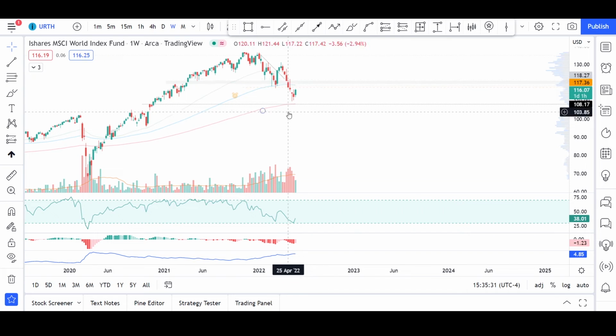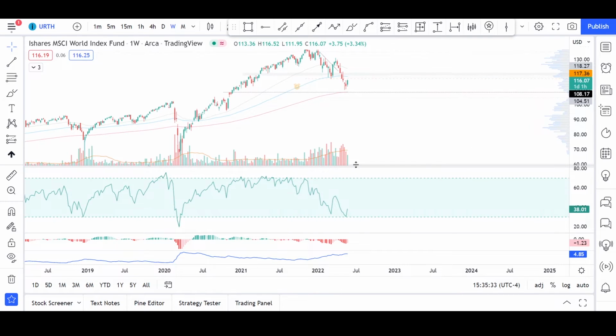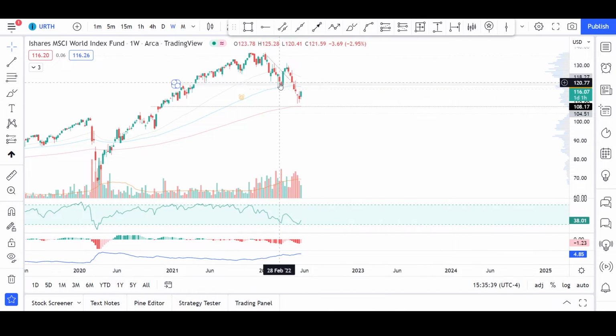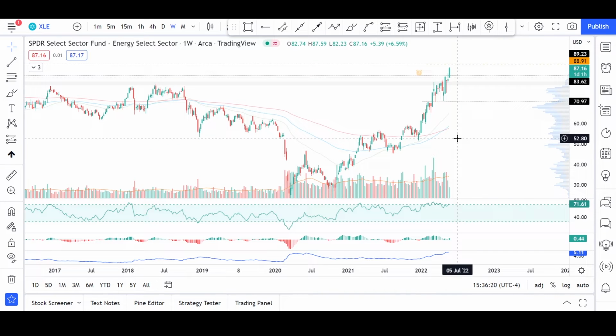Right afterwards, with positive divergence on RSI, we should find new levels right above 120. Right now we are getting to some major ETFs.